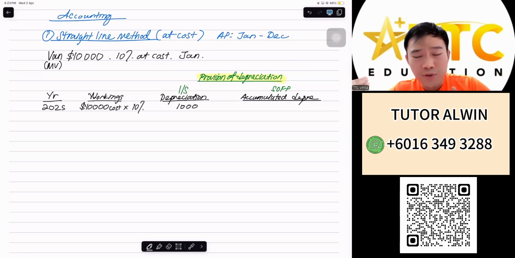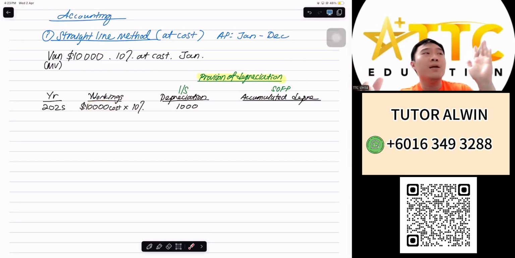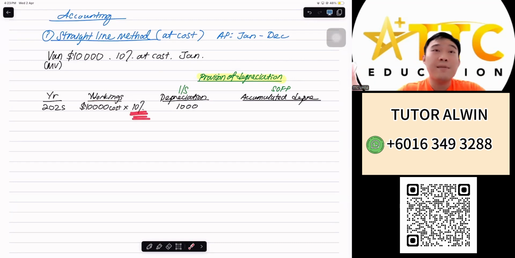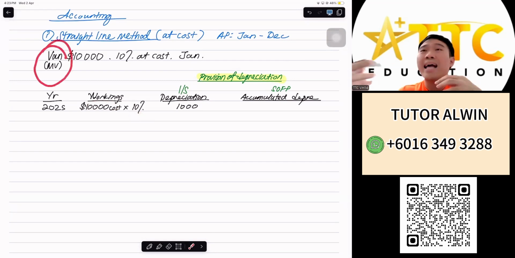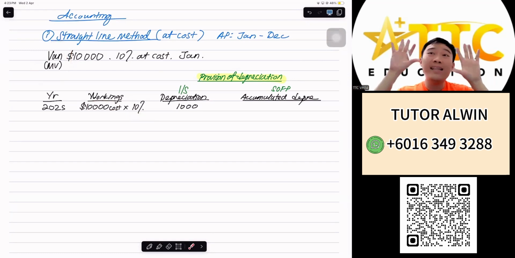Every year as I serve you, I vomit blood, or I get older by 1,000. It's like the 10,000 cost is your life points. Every year there will be a loss of 1,000 life points until it reaches 0. So every year, 10% will reduce, meaning this particular van, we are expecting a life of 10 years.